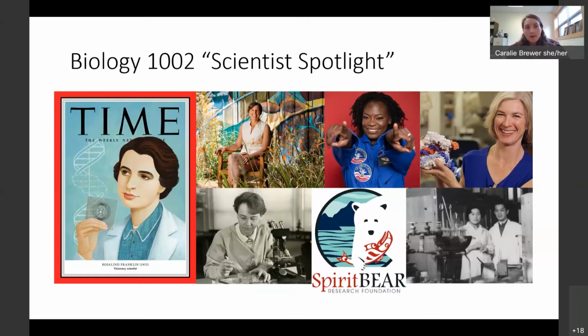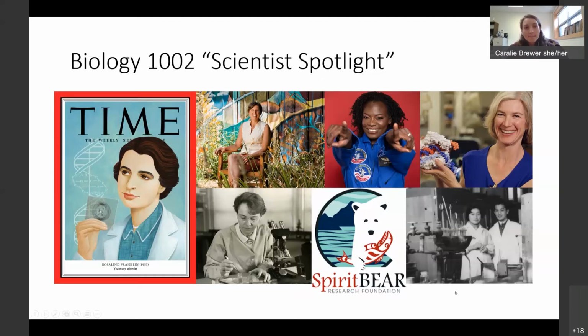And then on the bottom right, we see Tsuneko and Reiji Okazaki, who discovered Okazaki fragments. So some really great ways to just sprinkle in that diversity so that your students are able to get this context outside of the course materials.